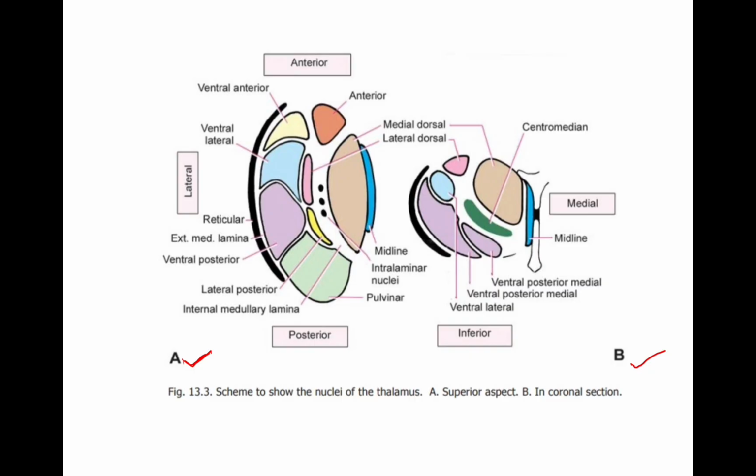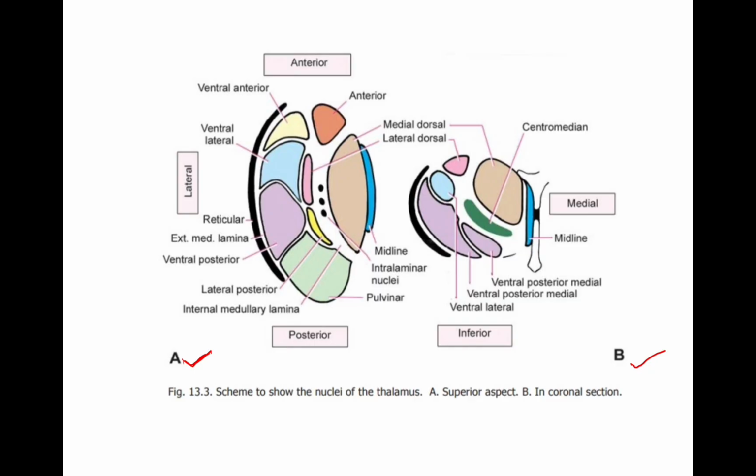Anterior is the front part for memory and emotions, whereas lateral is the outer side which has motor sensory nuclei like ventral anterior and ventral lateral, and ventral posterior for movement and body touch.